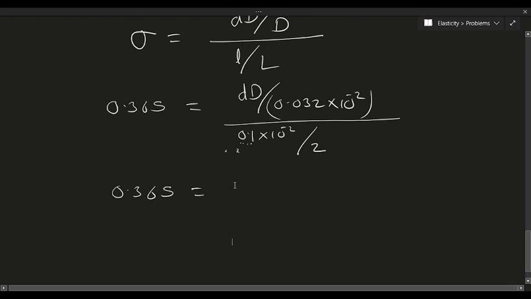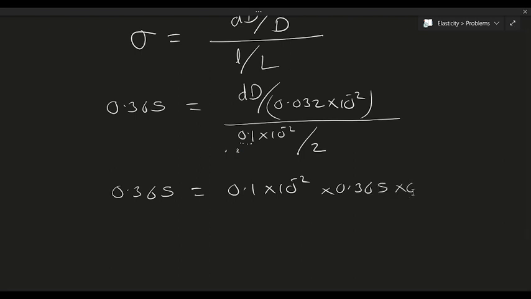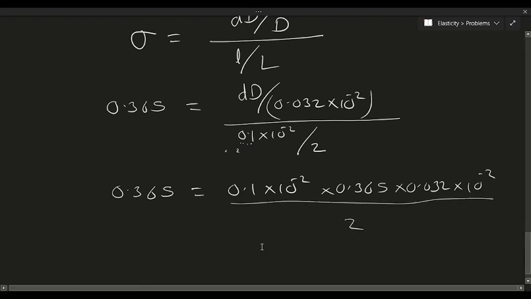It is 0.1 into 10 raised to minus 2 into 0.365 into 0.032 into 10 raised to minus 2 divided by 2.